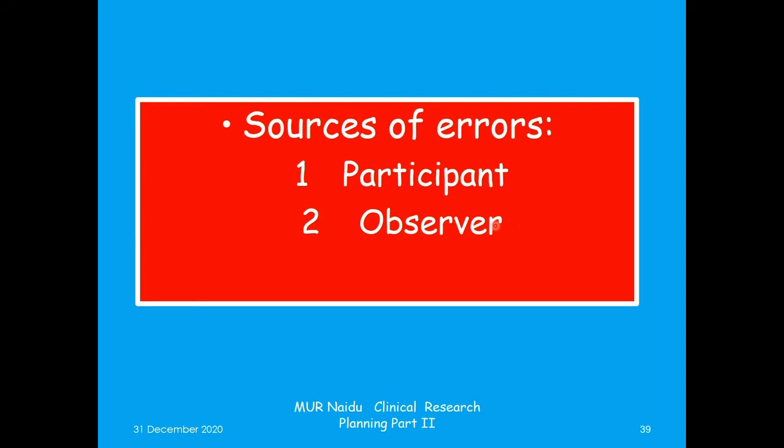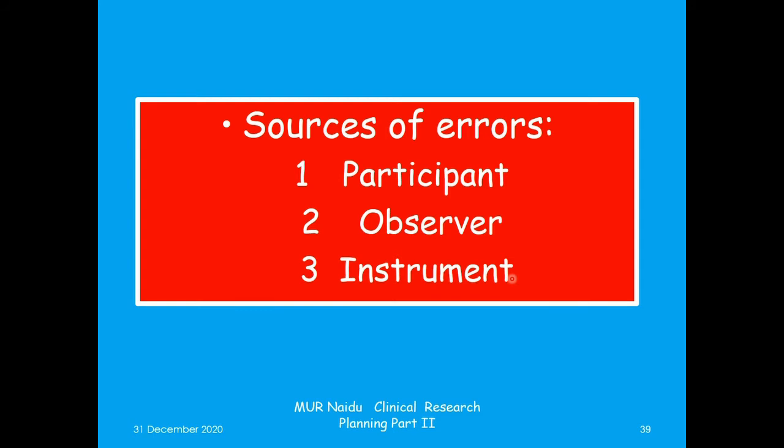And third is the instrument error. A particular instrument may have some error and may give a false reading. Hence it is mandatory that all instruments used in any clinical research be validated and standardized by licensed people at least every 6 months.